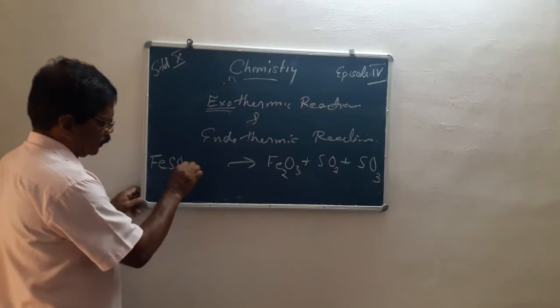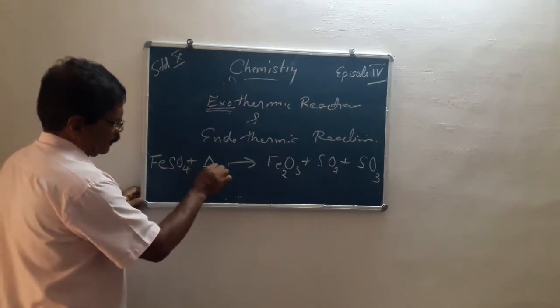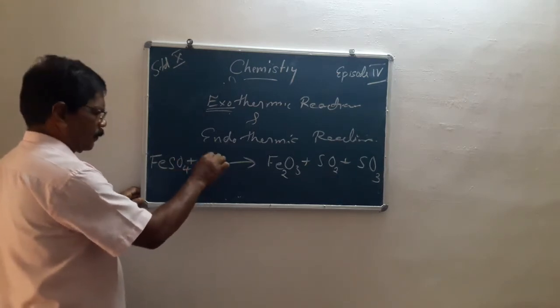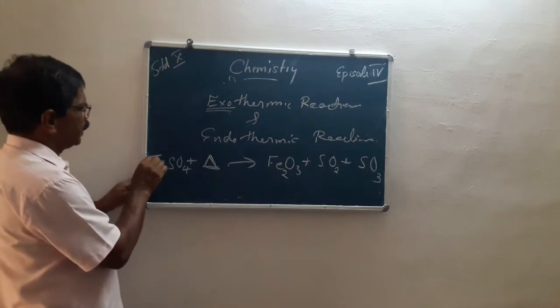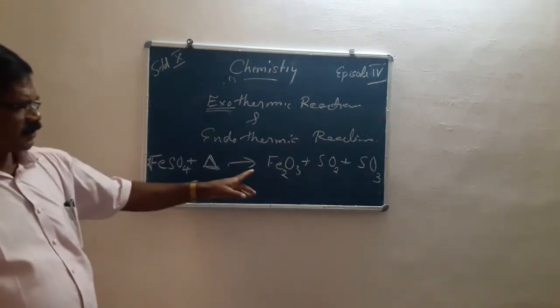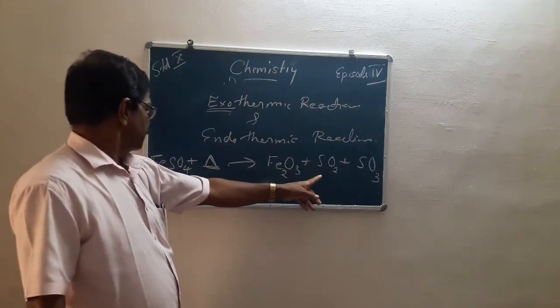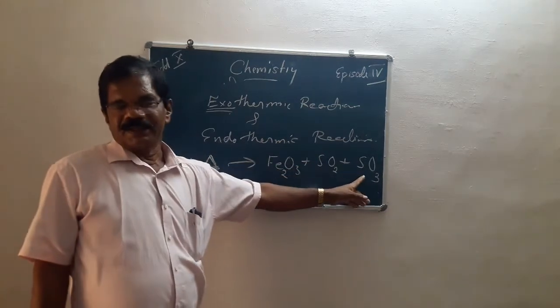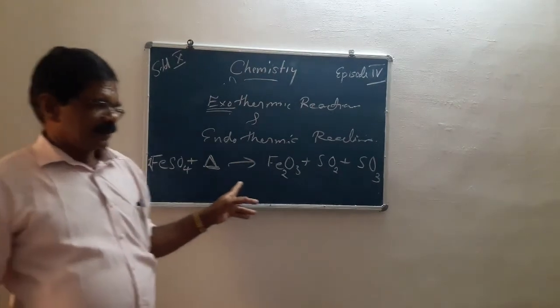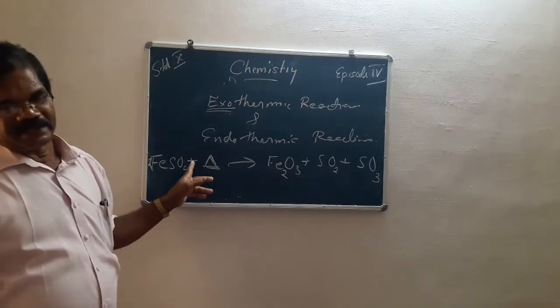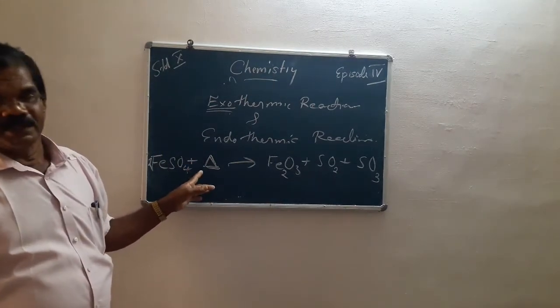FeSO4 plus heat. 2 FeSO4, on heating, decomposes to give ferric oxide, SO2 and SO3. We take some ferrous sulfate and heat it for a long time.